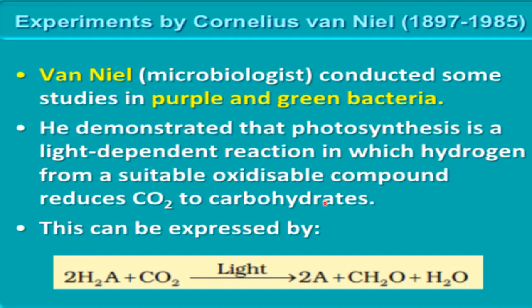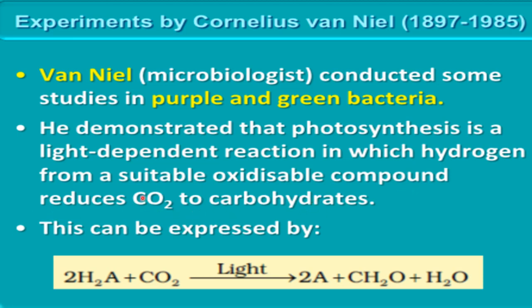As you know that water is utilized in photosynthesis. Okay, so what is that water? That is a hydrogen giving compound. So here it is written: hydrogen from a suitable oxidizable compound reduces carbon dioxide to carbohydrate.